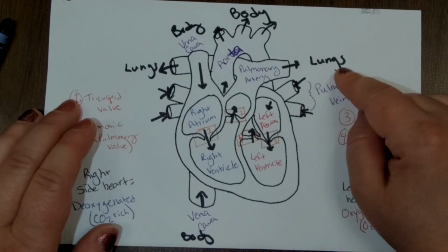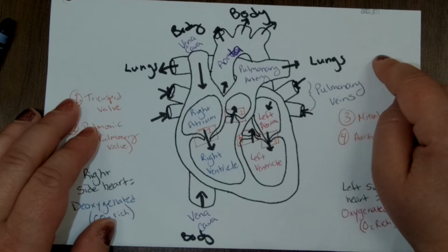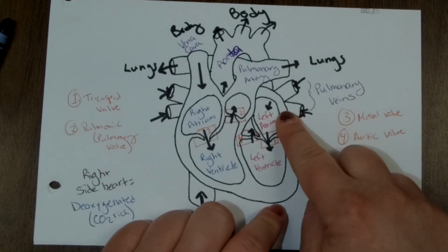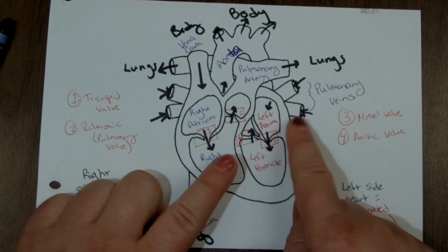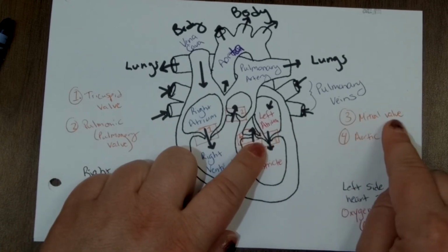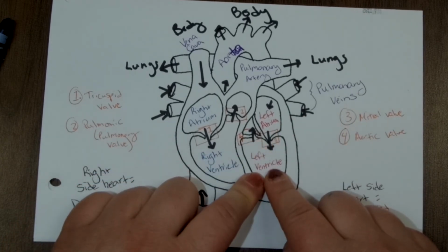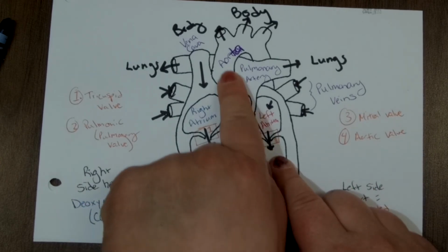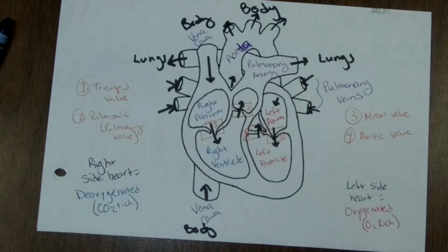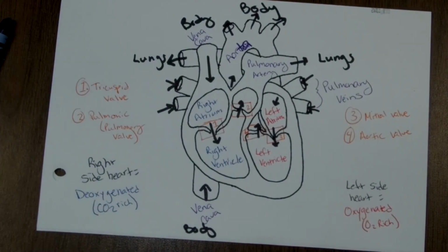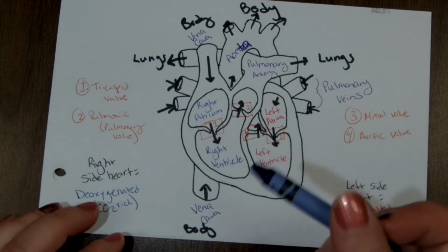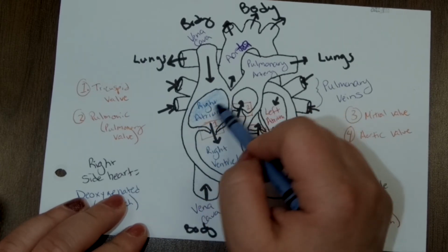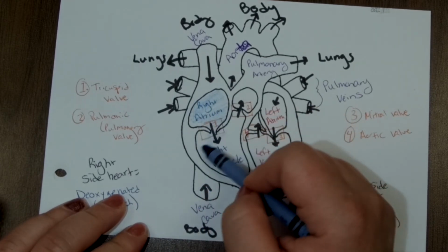I take a deep breath in. Gas exchange happens. I go back through my pulmonary veins to my heart, to the left atrium, through my mitral valve, into my left ventricle, out the aortic valve, into my aorta, and then out into the rest of my body. If I want to, I can color so that way I know this is my deoxygenated blood.